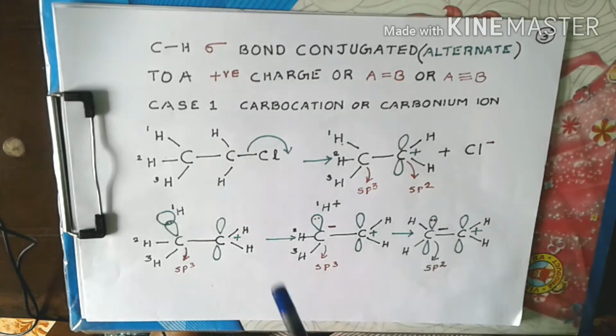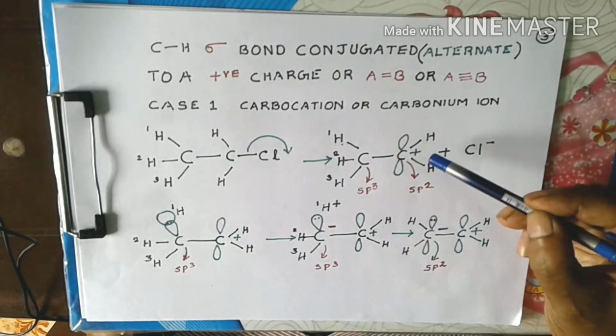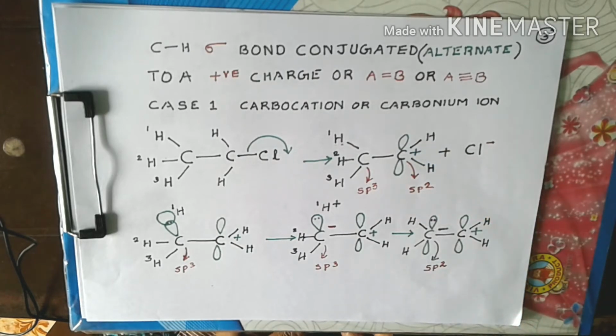Now, consider the case of ethyl chloride. The C-Cl bond undergoes hydrolysis when energy is supplied, and we get the ethyl carbocation, where carbon atom 1 possesses a positive charge.